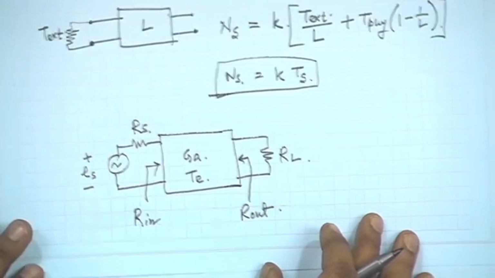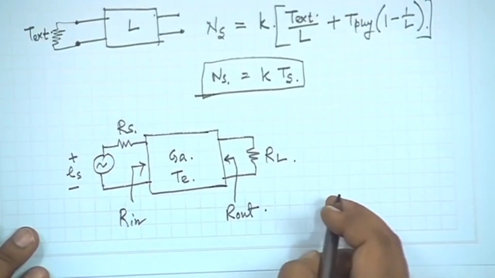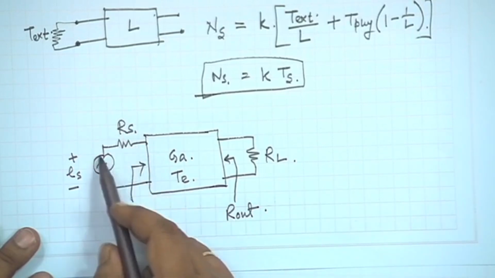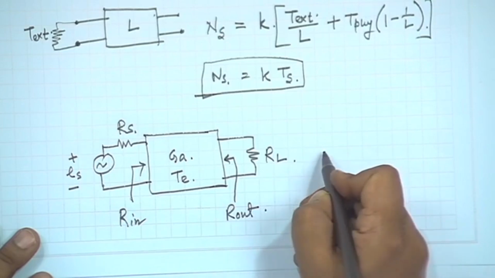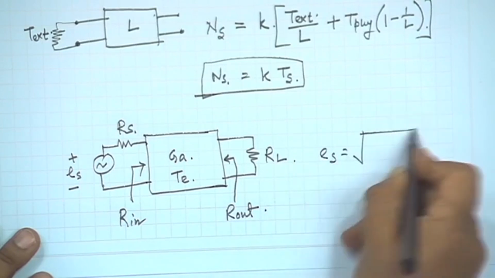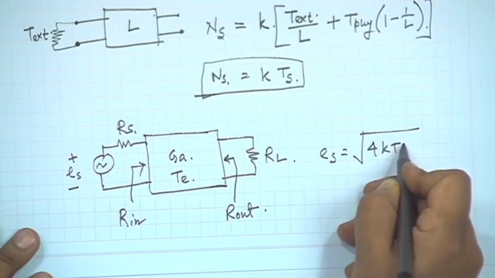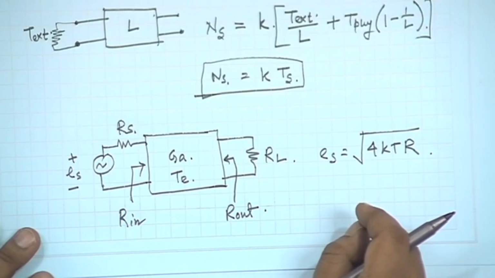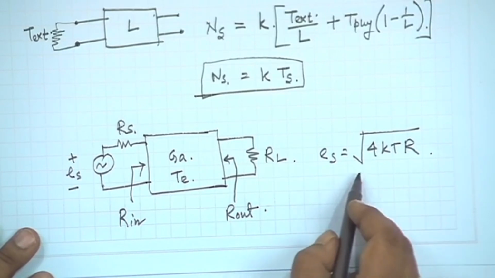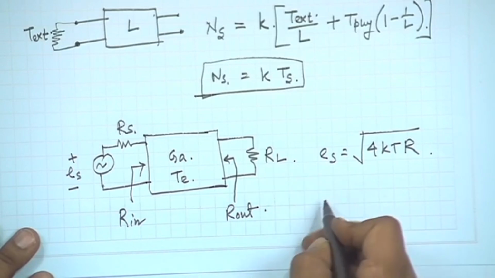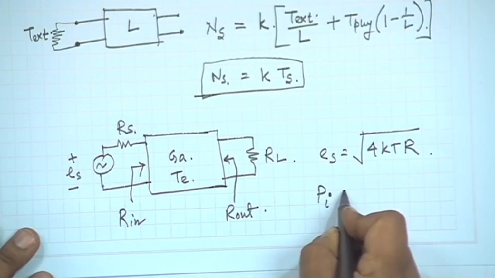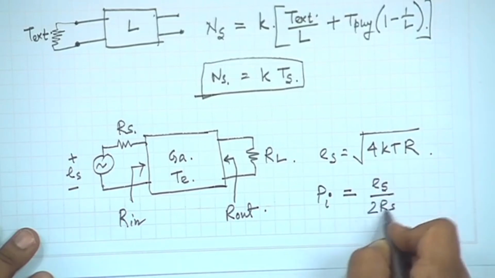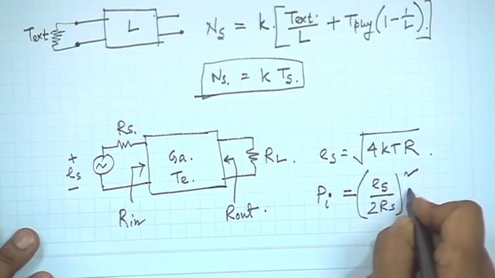Now, the noise voltage available because of the noise power generated by RS can be given by ES equal to square root of 4 K T RS. So, the maximum noise power delivered to a matched load, we are considering an all matched scenario, that is Pi, is equal to ES by twice RS, whole square, into RS.